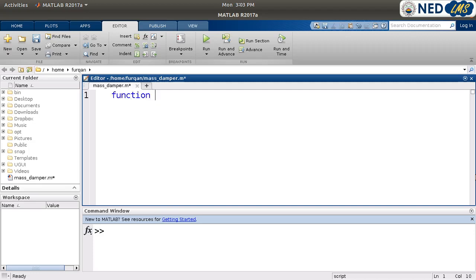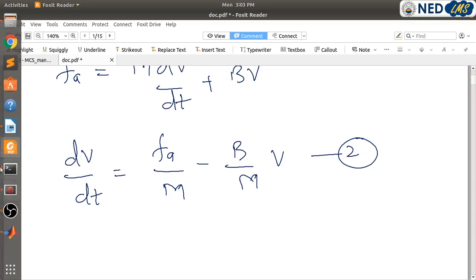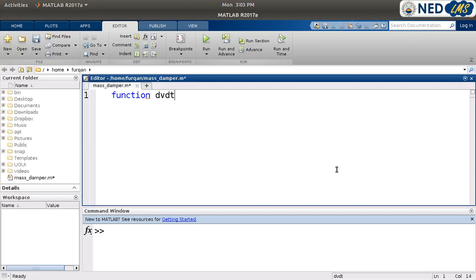We have output dv dt in our case, so I am writing dvdt equals the name of the function. I can use any name of my choice, damper, and the inputs are t comma v, as we need to plot the velocity variable with respect to time.